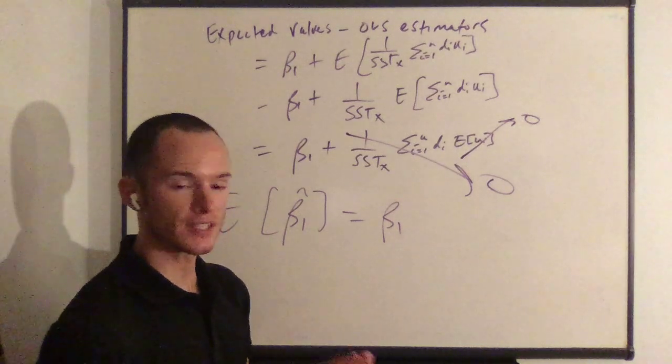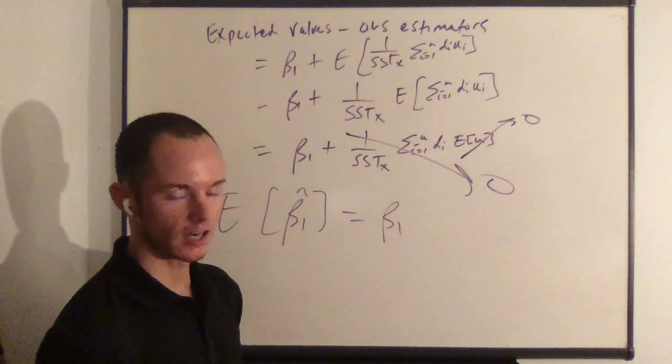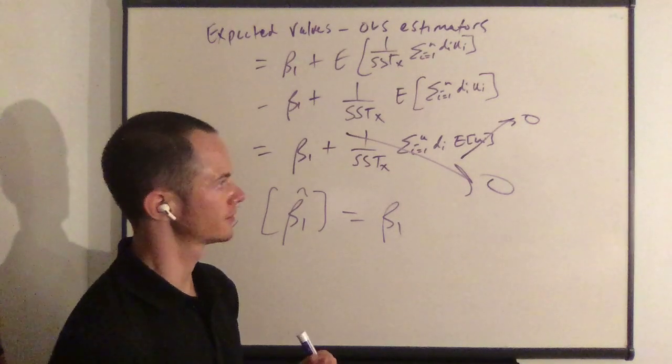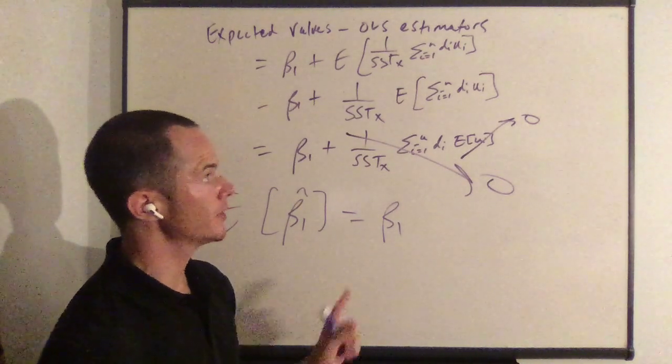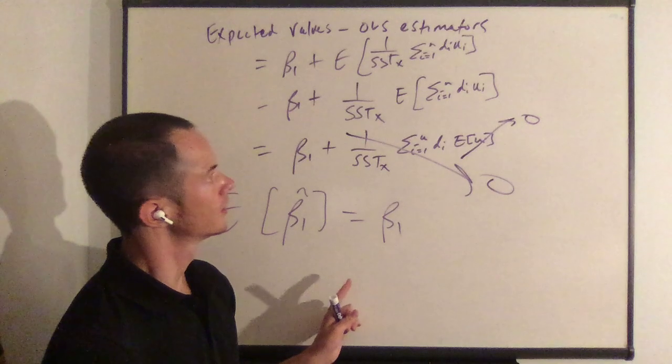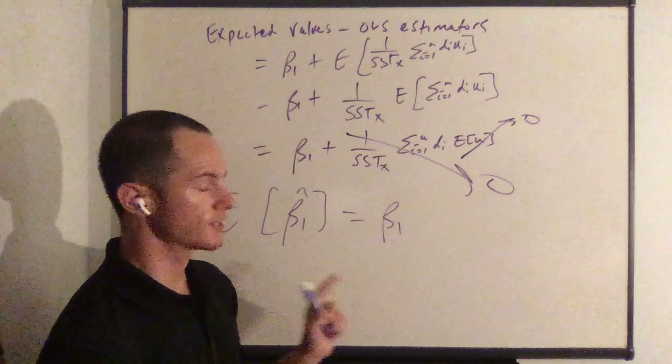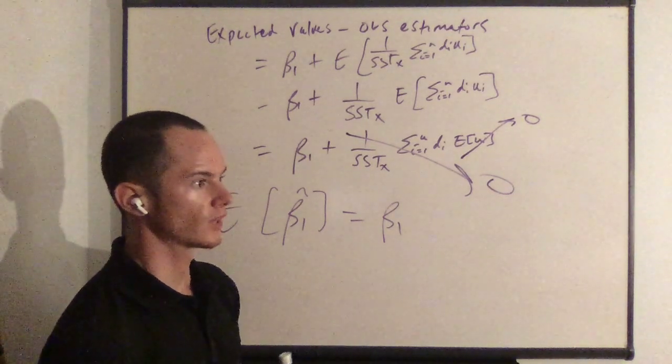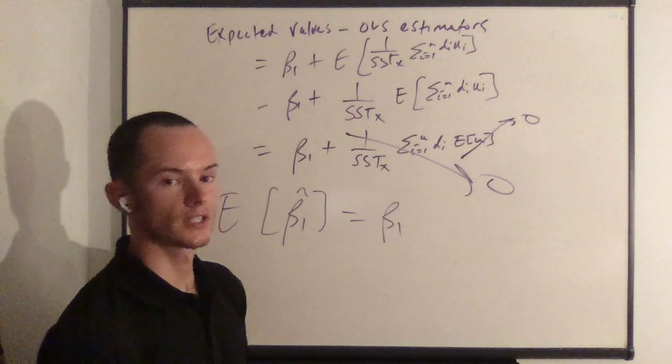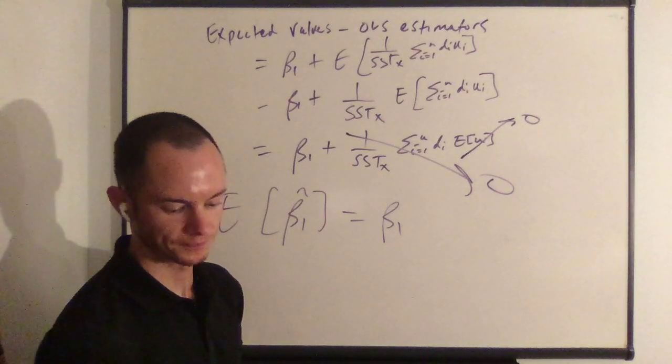Now, if any of the assumptions fail, unbiasedness probably fails. Especially assumption number 4, the zero conditional mean assumption.